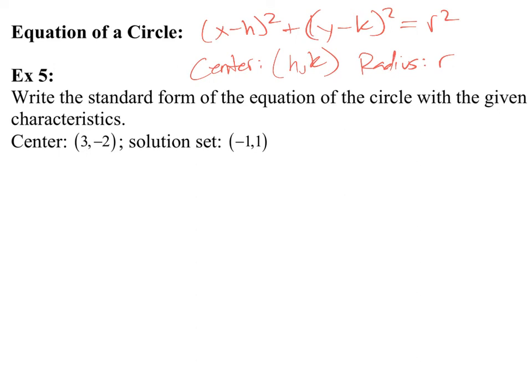All right, so they ask you to write the standard form of the equation of a circle with the given characteristics. They give you a center, and they give you a solution set. What does that mean exactly? It means a point that's on the circle. So this is a center, that's your h and k. If this is a solution set, it's a point on the circle, then that's your x and y. Okay, so plug these values in.